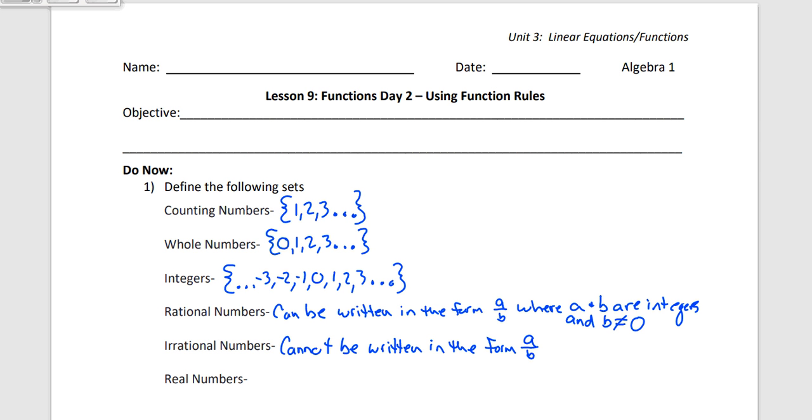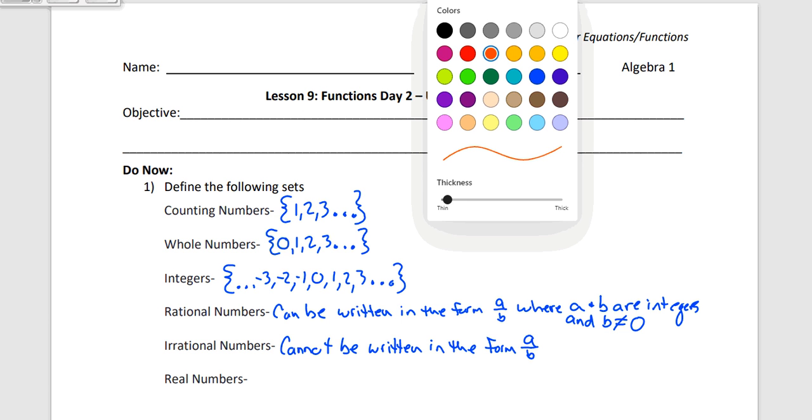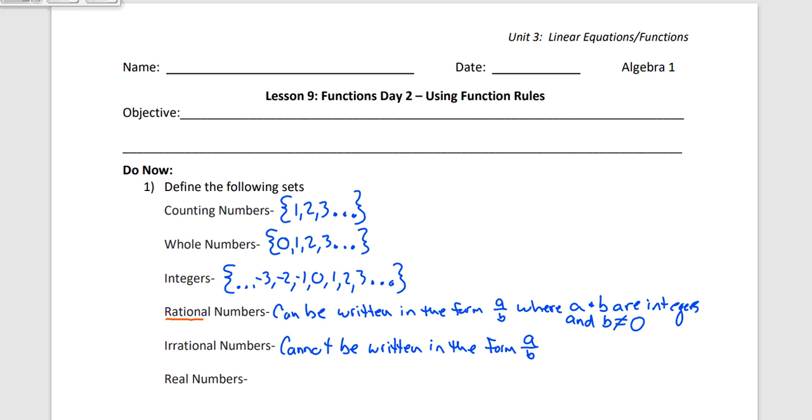So if we were to talk about decimal forms of numbers, I'm going back to our rational numbers again. If a number can be written as a fraction, it can be written as a decimal. The decimal form of a rational number is either a terminating decimal or a repeating decimal. So I'm going to say it includes terminating and repeating decimals.